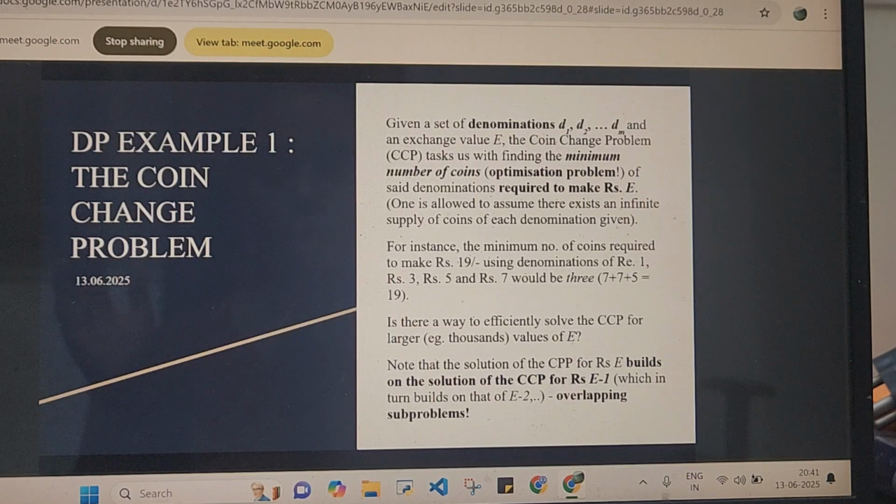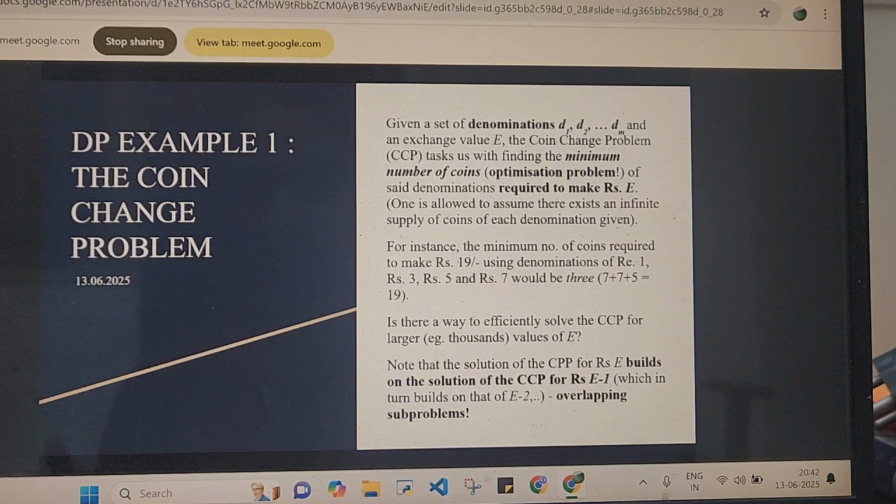So you take whatever answer you got for 18 and you try adding a 1 rupee coin. You check that one, and then you take a totally different combination like 7, 7, 5. You compare those and then you see which is minimum and you pick that. So the point I'm trying to drive home is, whenever you have a DP problem, and when I say overlapping or interdependent solutions, I don't mean that the solution for a bigger problem is simply an extension of the solution for a smaller problem.